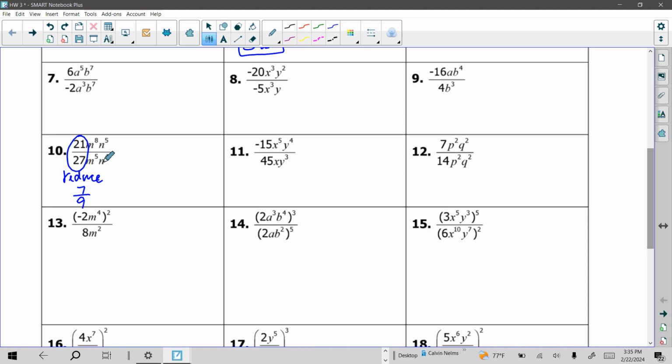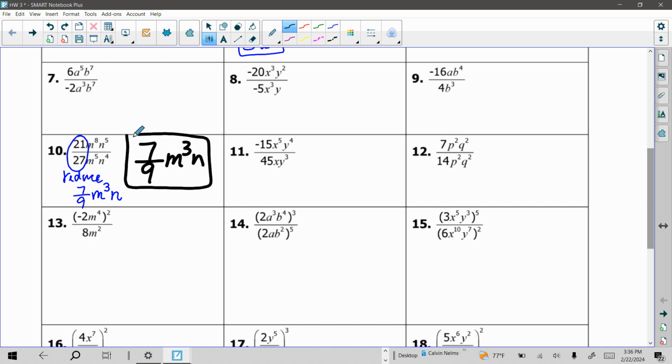Now I'm just simplifying each like base. So my m is now to the 3rd power, and my n is just an n, because 5 minus 4 is 1, but we don't have to put the 1 because 1 is invisible, so we just have this n. So basically the final answer is 7/9 m to the 3rd n. That is our simplified answer.